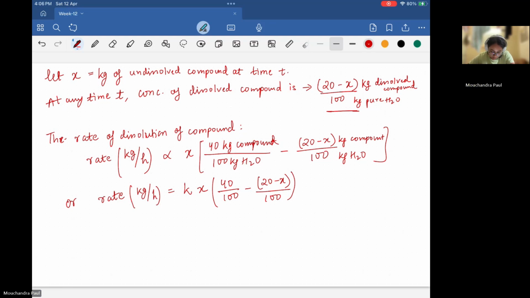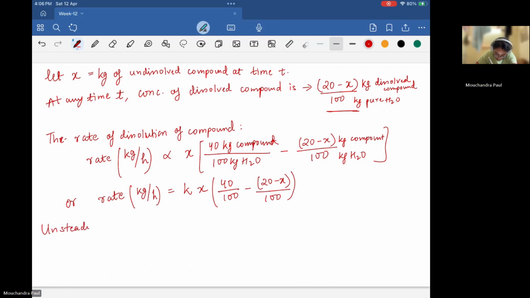And this is your rate, the rate of dissolution. Now we can use this particular term in the unsteady state material balance equation.